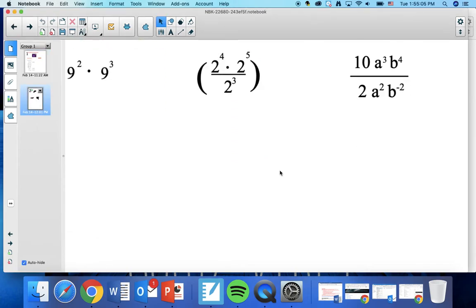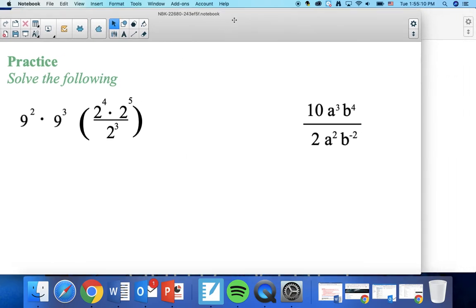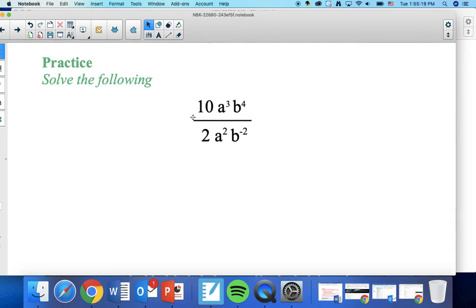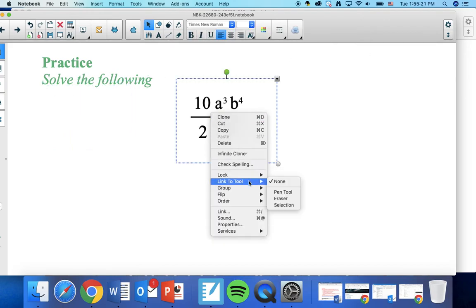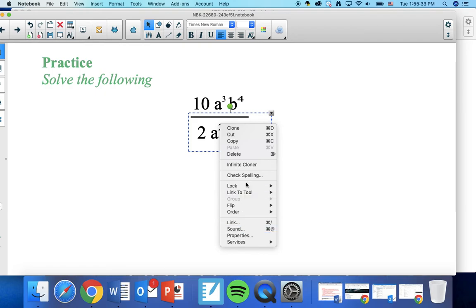Okay, so last one, I'm just going to move this over. So what I want to do is edit this one because I want it to do the following.